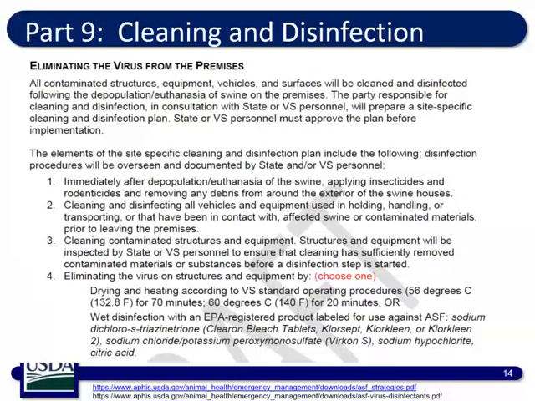It mentions cleaning and disinfection of vehicles that were used as a part of the euthanasia and disposal process on the farm, and also cleaning of contaminated structures and equipment, and knowing that there might be some equipment that needs to be disposed of that couldn't be properly cleaned and disinfected, that could potentially be eligible for indemnity.